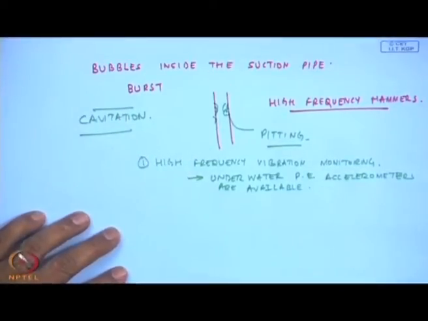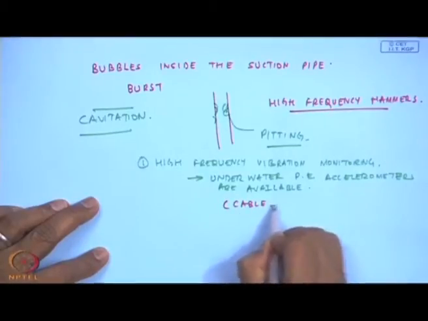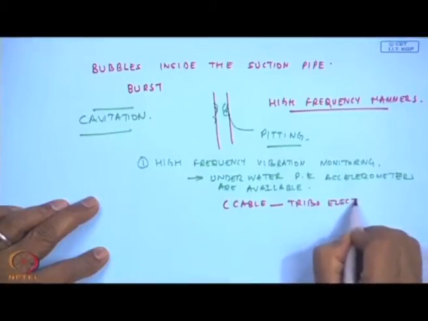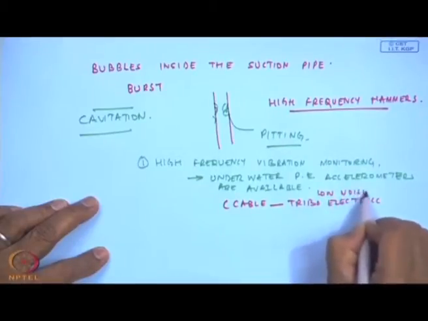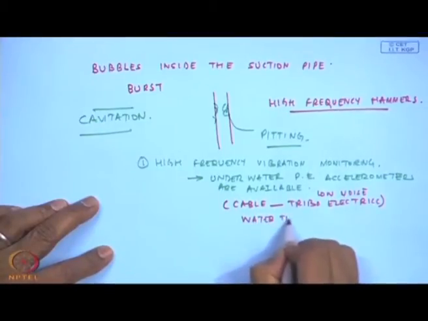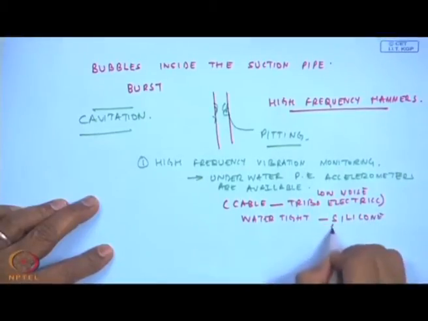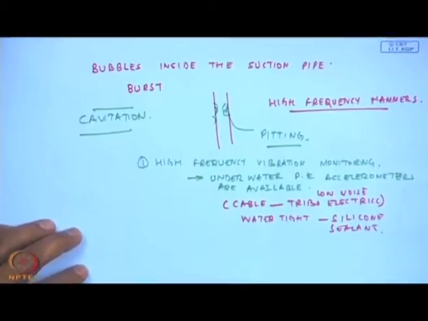But the most important thing, and this can be put on the pipeline, and the most important is the cable, the triboelectric low noise cable, and they have to be watertight with good silicone sealant. Sometimes these cables are more costly than the piezoelectric accelerometers.